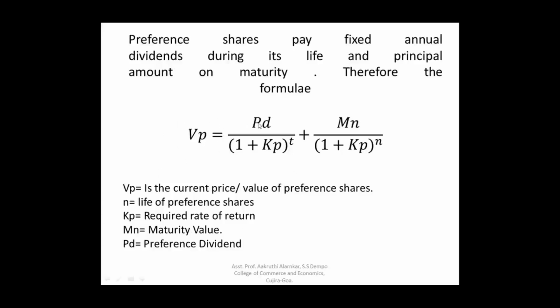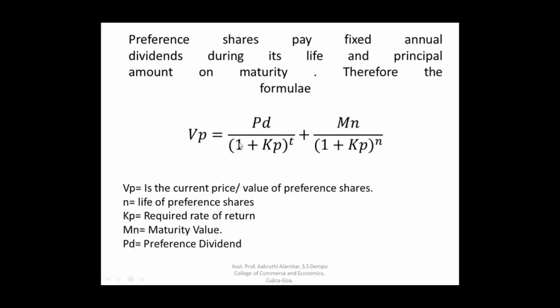The whole raised to t is that term, plus the maturity value, or the principal amount which you will get on redemption, that is MV, the whole divided by (1 plus Kp) the whole raised to n. Now you can see that the preference dividend as well as the principal amount are both divided by the discounting factor, taking R into consideration. R is the required rate of return, which is nothing but Kp.